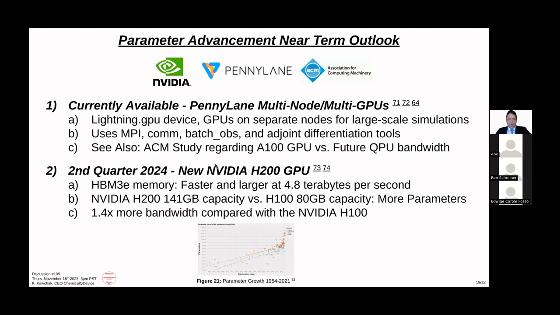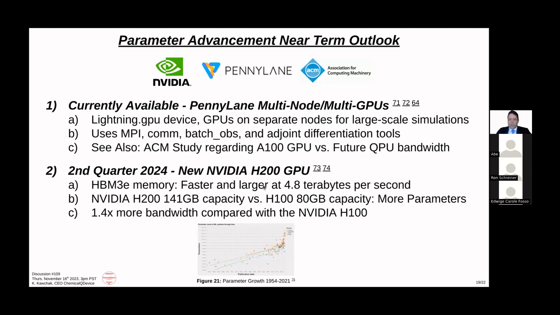And like I mentioned earlier, the ACM study with the A100 versus a future QPU based on bandwidth is likely decades out. The second quarter of next year, we're supposed to be getting new GPUs. If you don't know, an H100 is up here, and then an A100 is a little bit below, and then you have a V100, and some other ones below that.